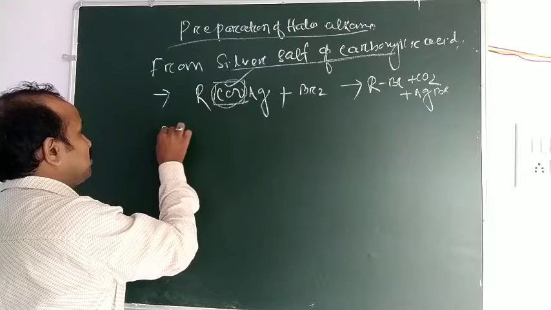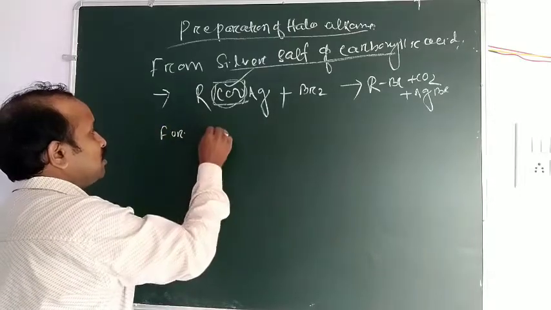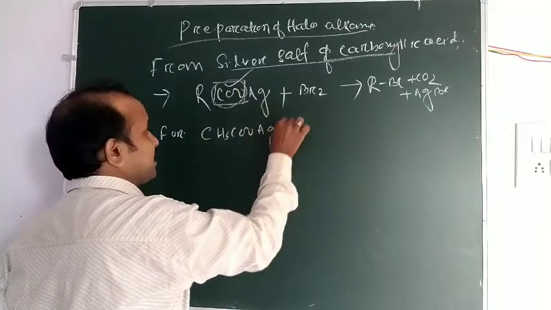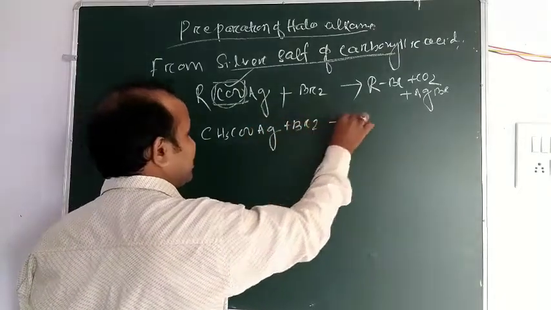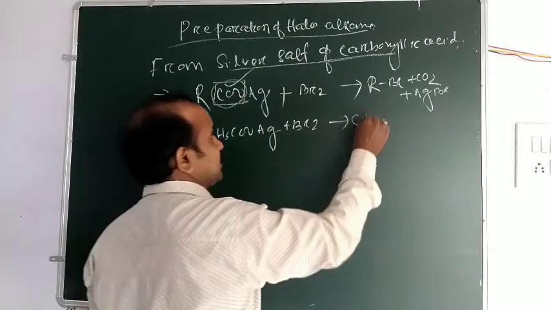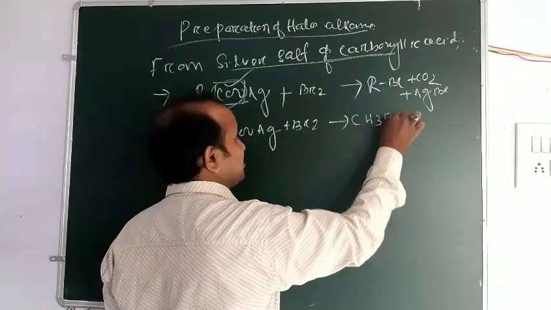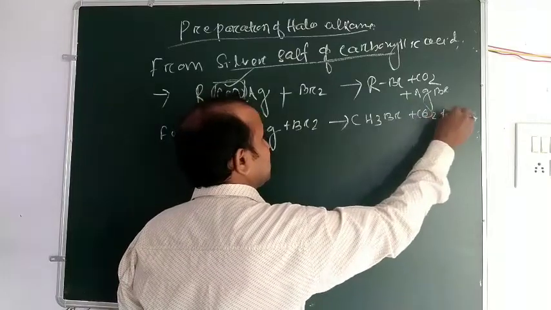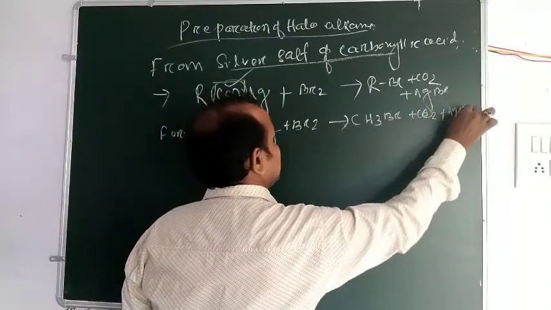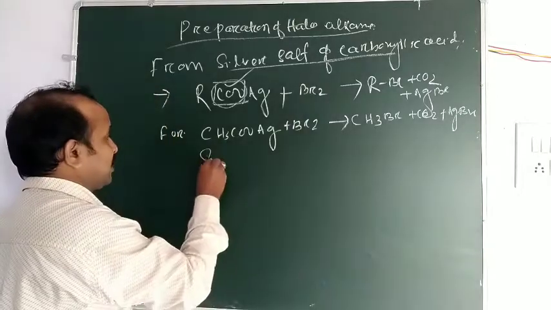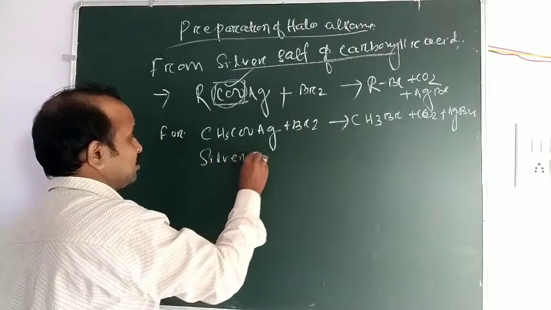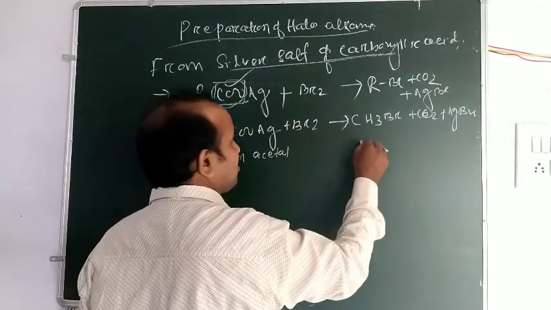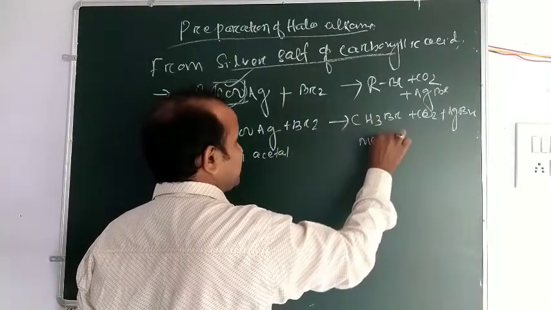For example, suppose CH3COOAg reacts with bromine, then what happens? CH3Br plus CO2 plus AgBr. That is silver acetate reacting with bromine to form methyl bromide.